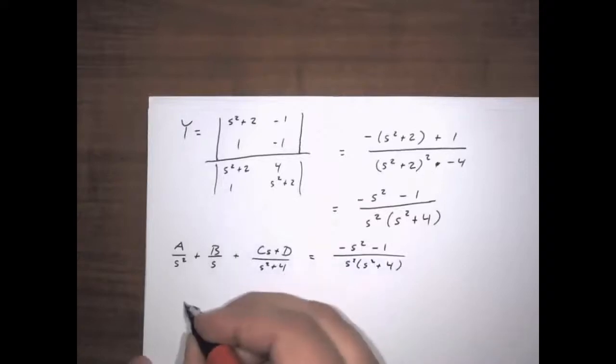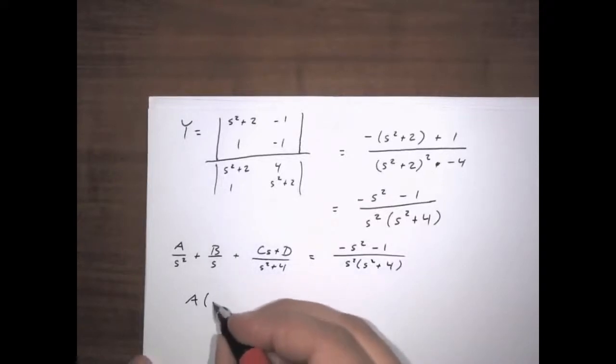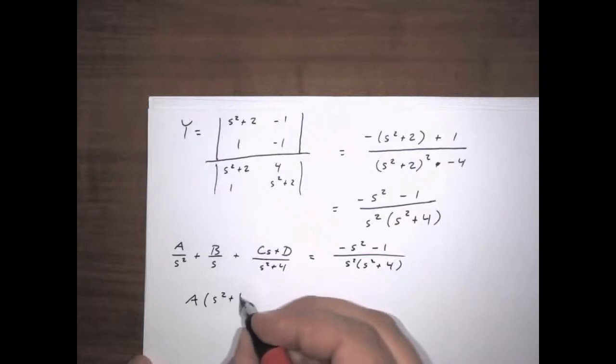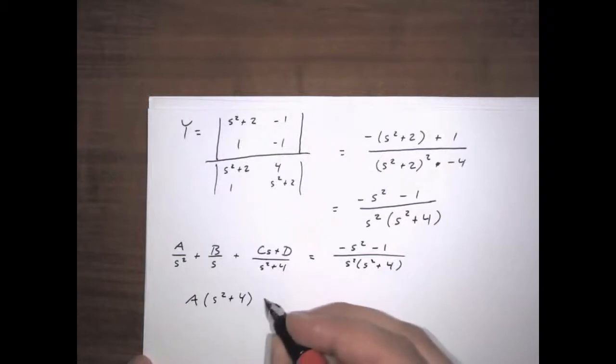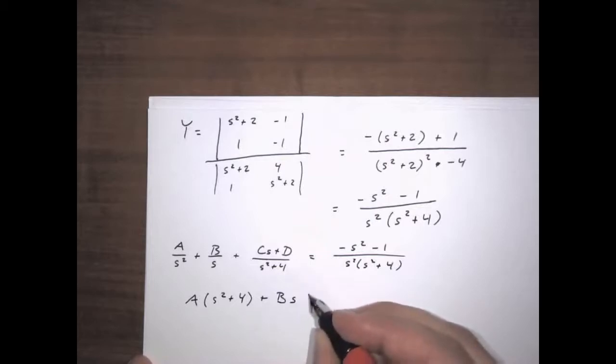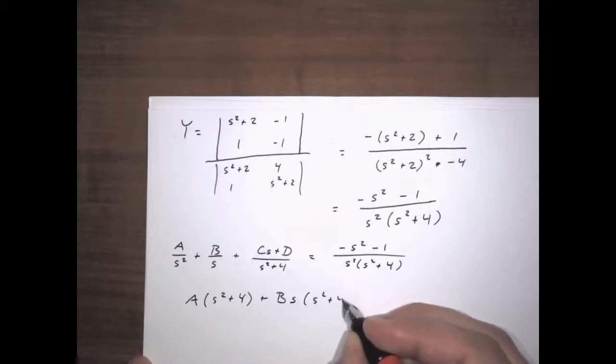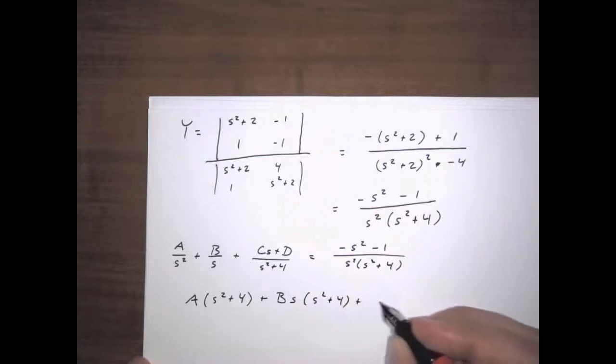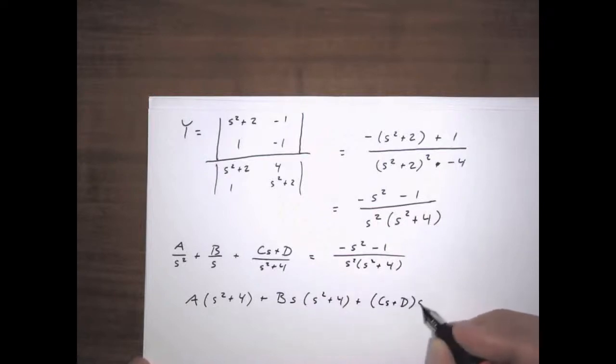And so we're going to have the same breakdown as before: a times s squared plus 4 plus b times s squared plus 4 plus cs plus d times s squared is equal to negative s squared minus 1.